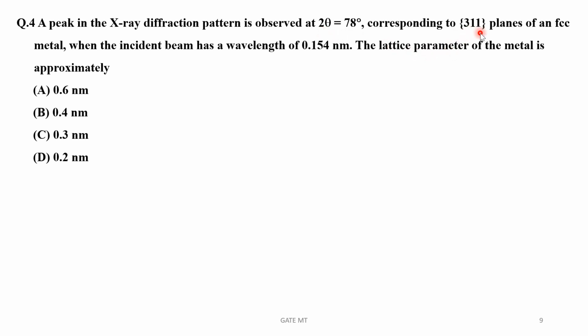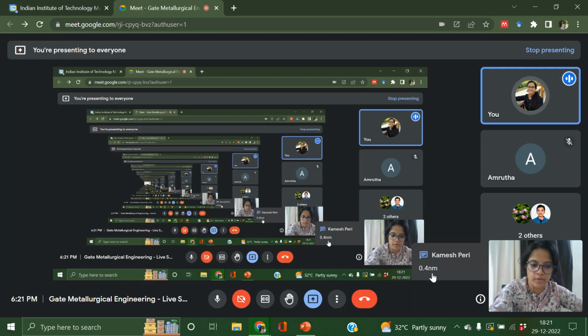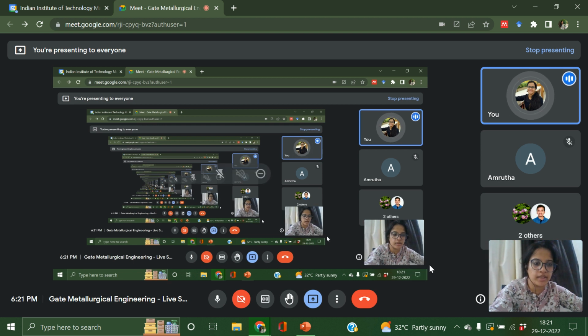Based on that, you have to substitute into the equations, d is equal to a by root of h square plus k square plus l square, and 2d sine theta is equal to n lambda, and you have to find the value of a. The lattice parameter of the metal is asked. Anybody got the answer? 0.4 nanometers, that is the correct answer. What about the others? Are you getting the same answer?